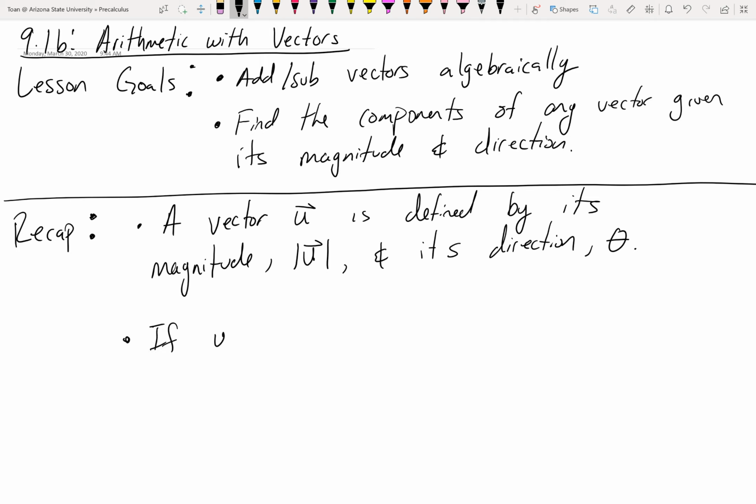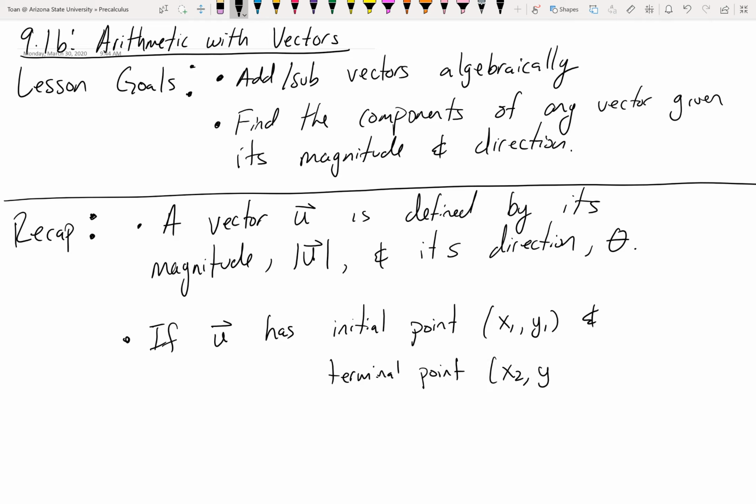If U has initial point x sub 1 comma y sub 1 and terminal point x sub 2 comma y sub 2, its horizontal component, which I'll call just a plain old regular x, is x sub 2 minus x sub 1.